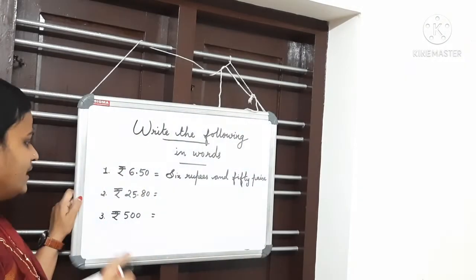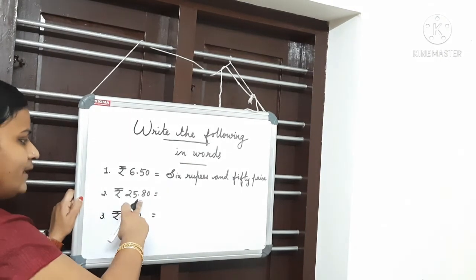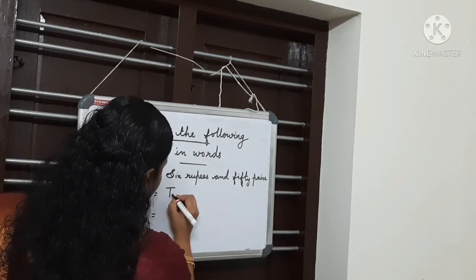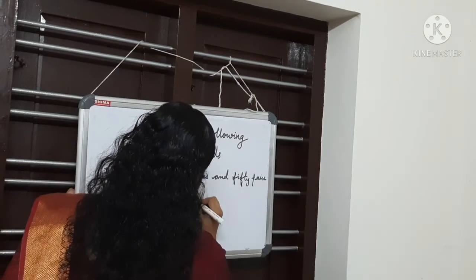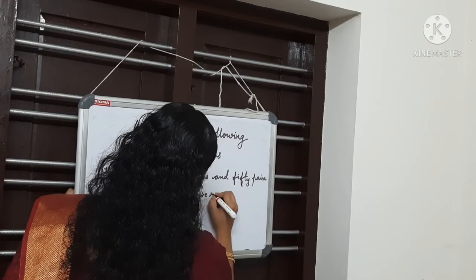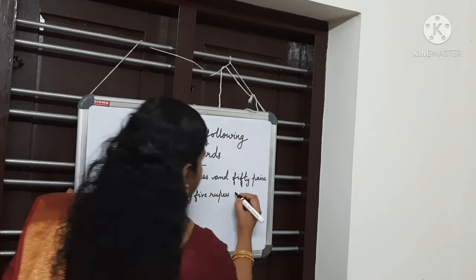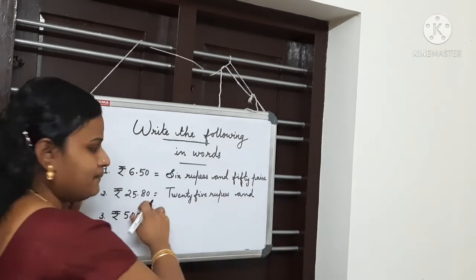Understood? Now let us do the second question. Rupees 25.80. So what is the answer? 25 rupees and how many paise? 80 paise.